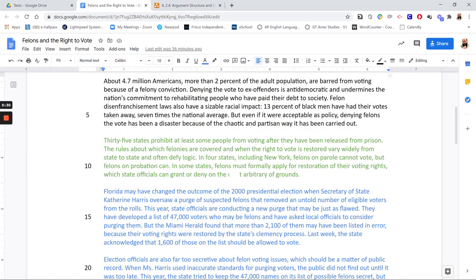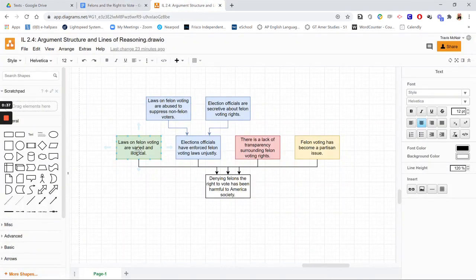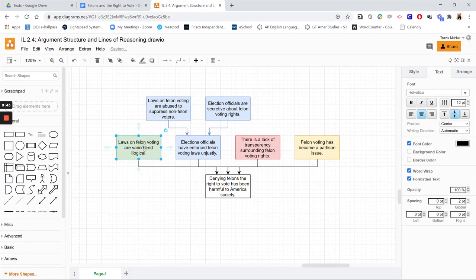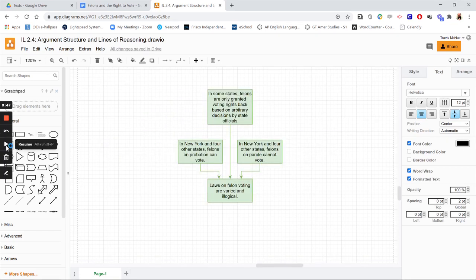And looking back at the paragraph, we see that this is mostly example evidence to support our claim that laws on felon voting are varied and illogical. So let's just build out the rest of this claim right here. And this is what that might look like. Laws on felon voting are varied and illogical.